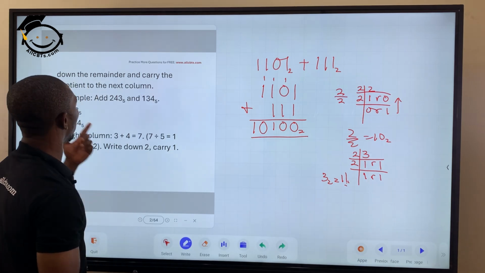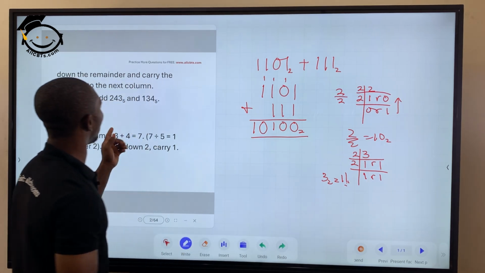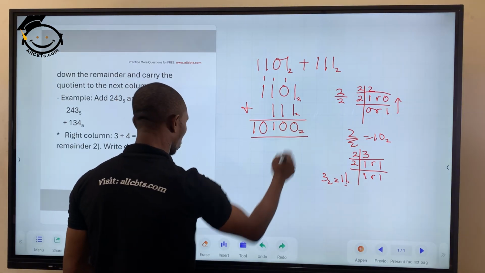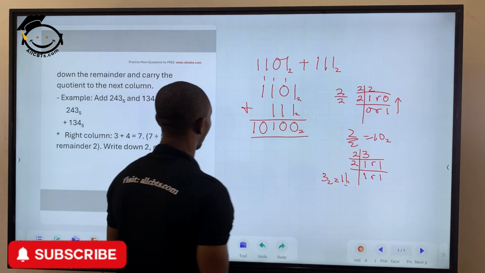Now let's look at another example in a different base. Remember that the previous one was in base 2.